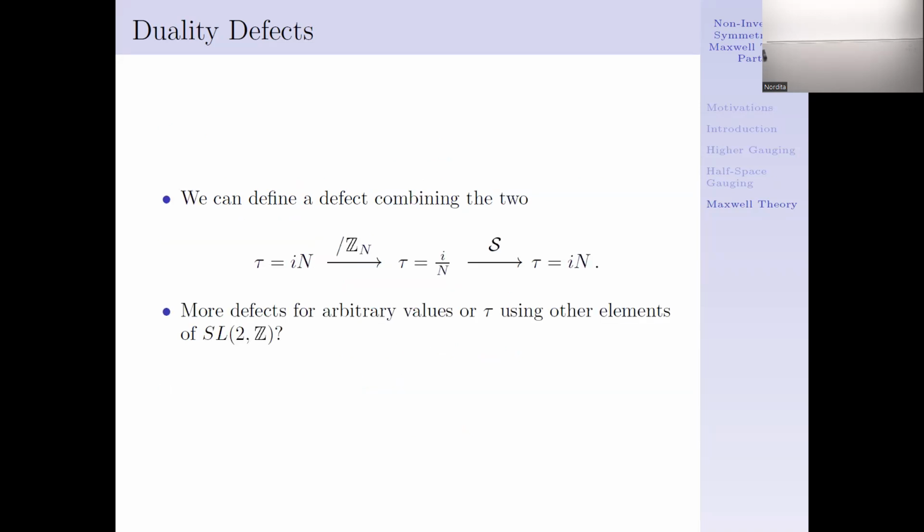So now the observation is that if we start with Maxwell theory at tau equals i times an integer, we can gauge the Zn subgroup of the one-form symmetry. So we arrive at Maxwell theory at tau equals i over n, which we can map using S-duality back to the initial theory.